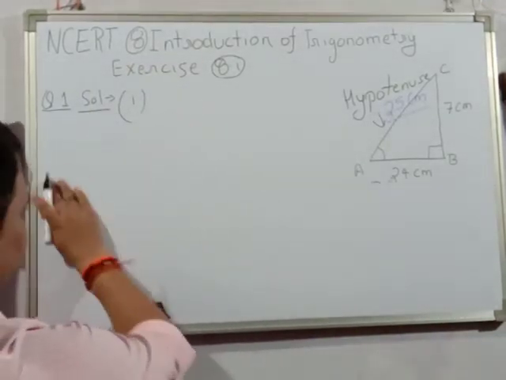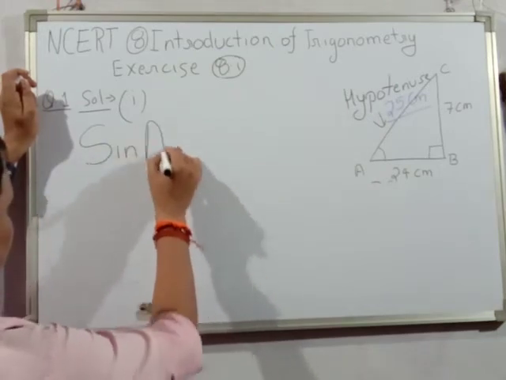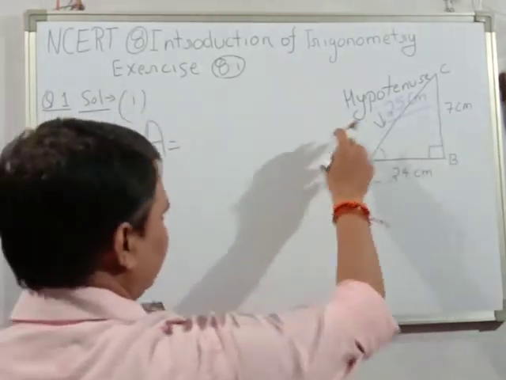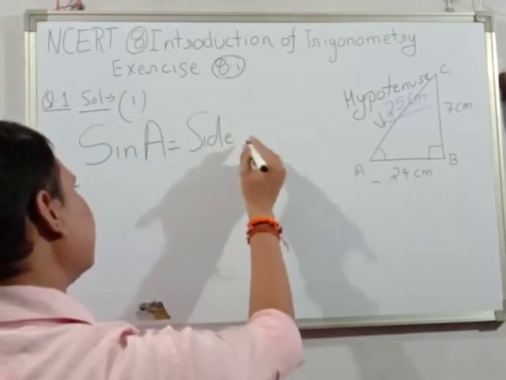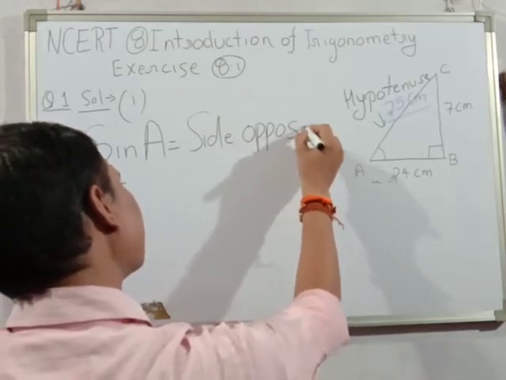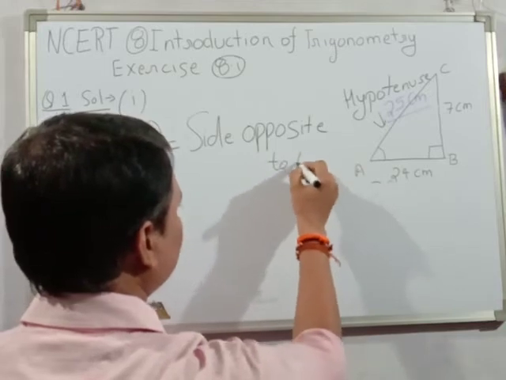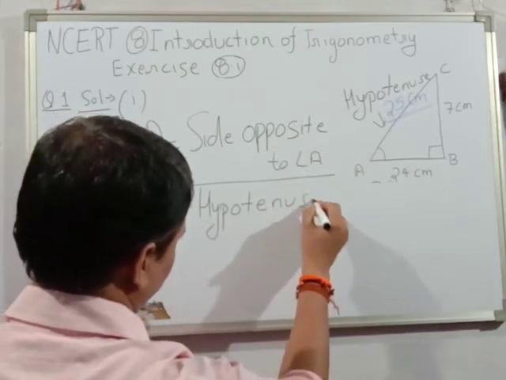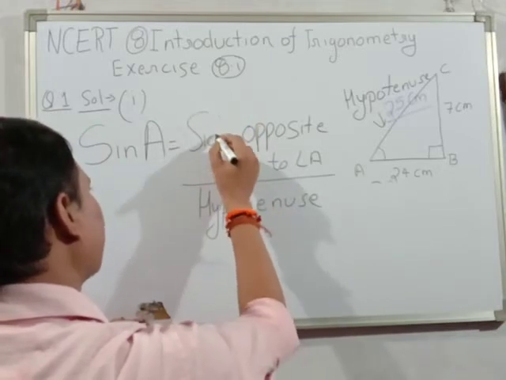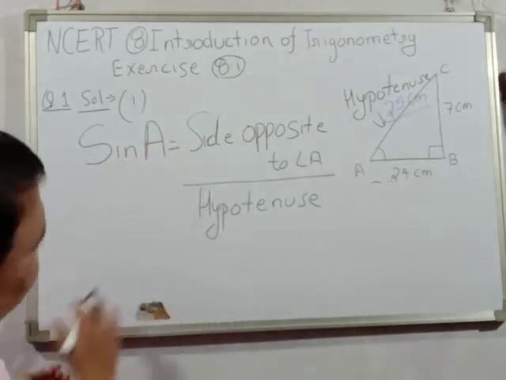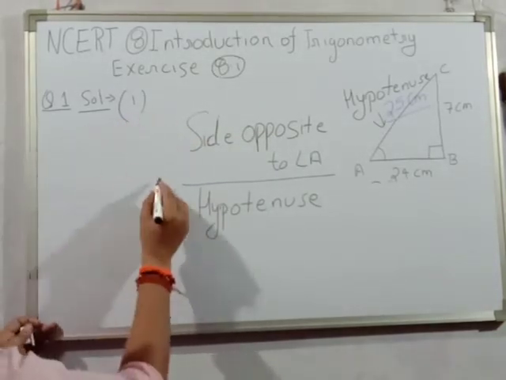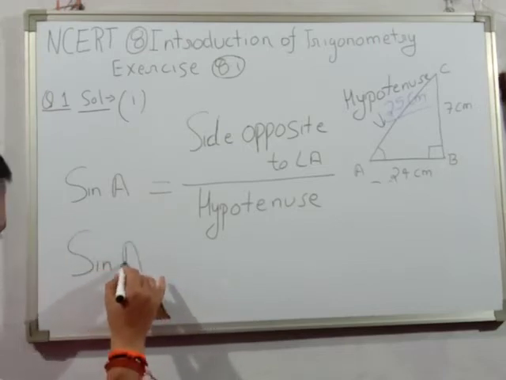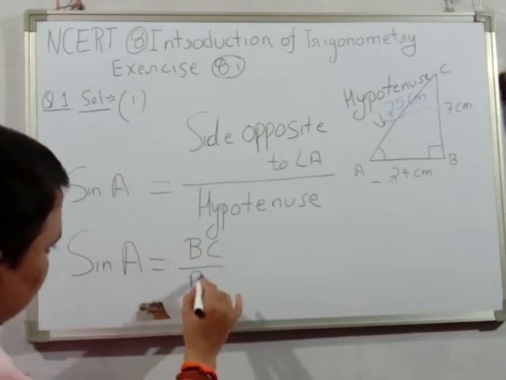First question, sin A. What is sin A? Side opposite to angle A divided by hypotenuse, that is BC and hypotenuse. So sin A equals BC upon AC.